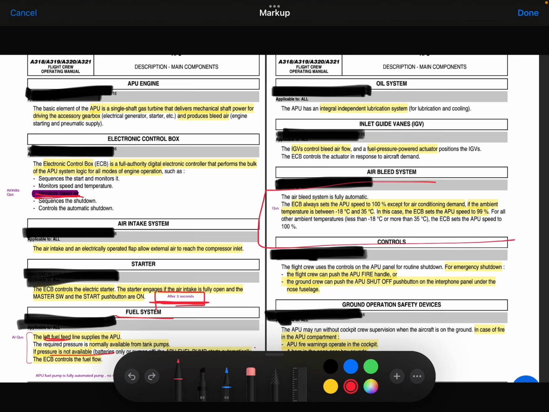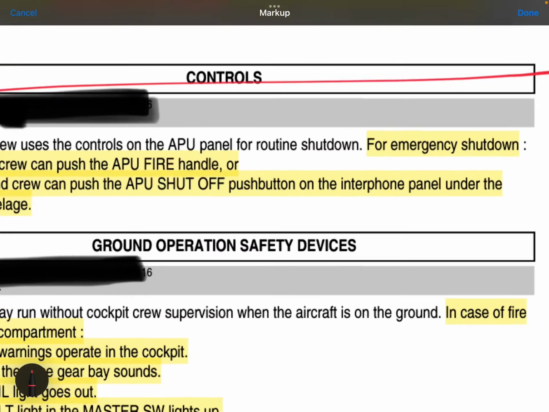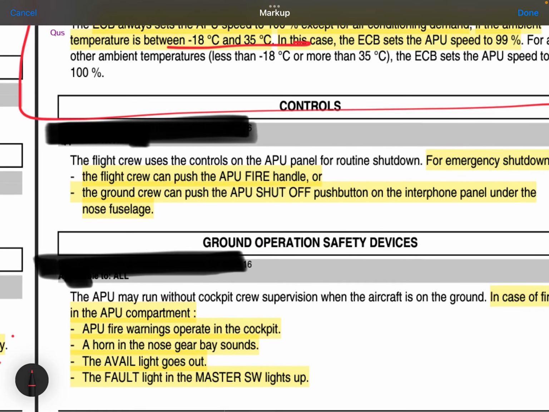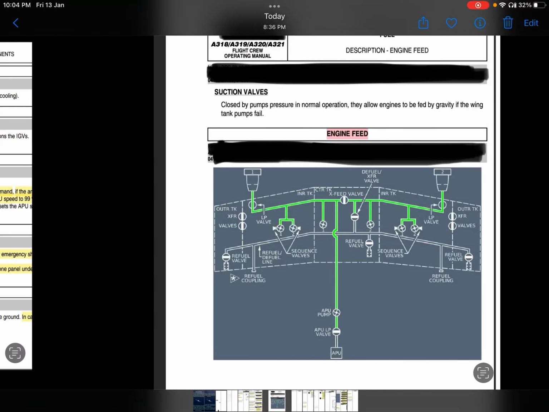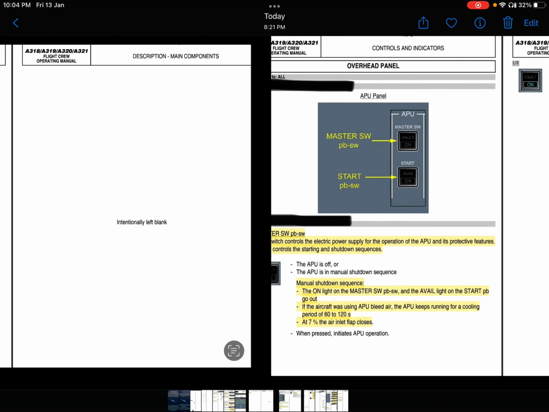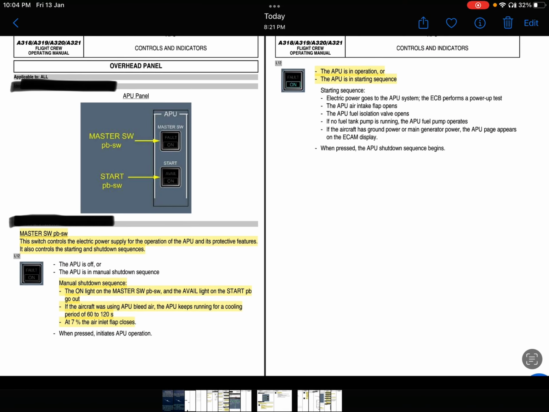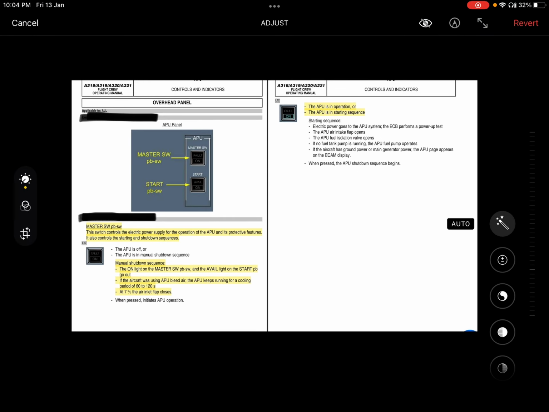Then this APU bleed system, these values, three panels. Then this is, yes, very important.